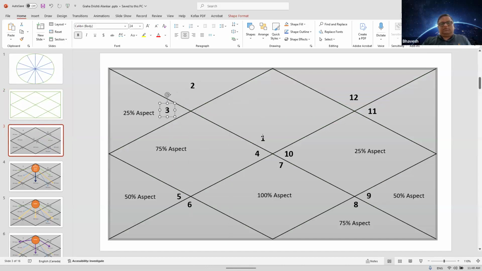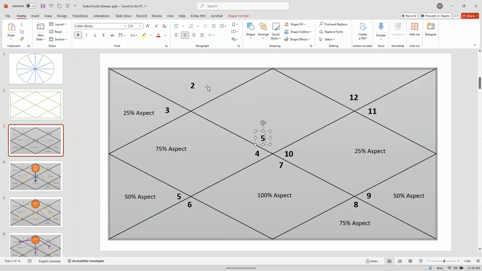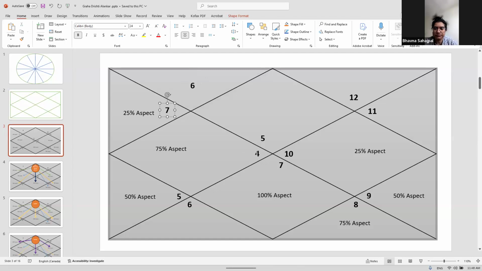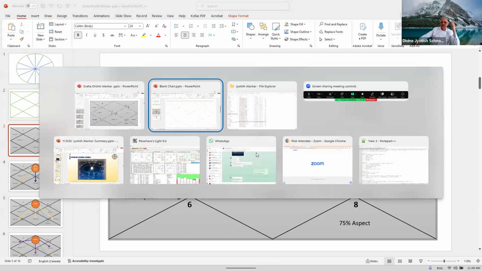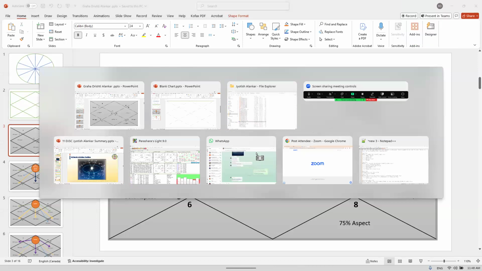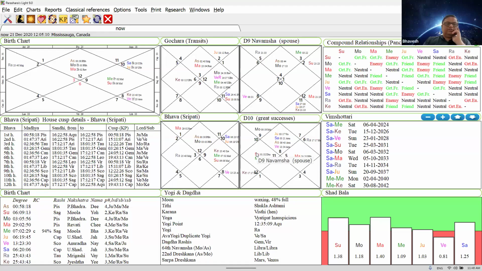I have to change the number. Bhavesh ji, don't do that. Just open up any Parashara Light chart instead of doing this hassle. You can use mine, if you have mine, yeah. There you go.